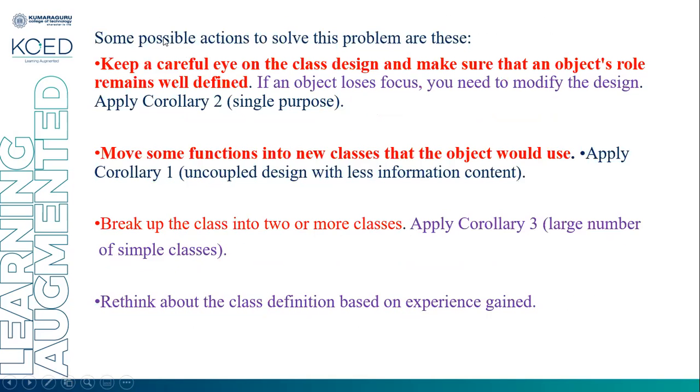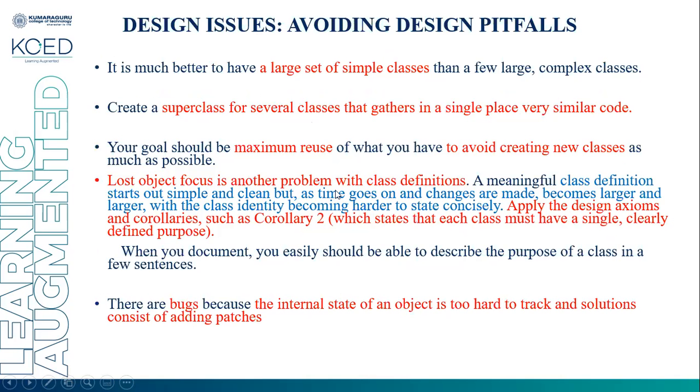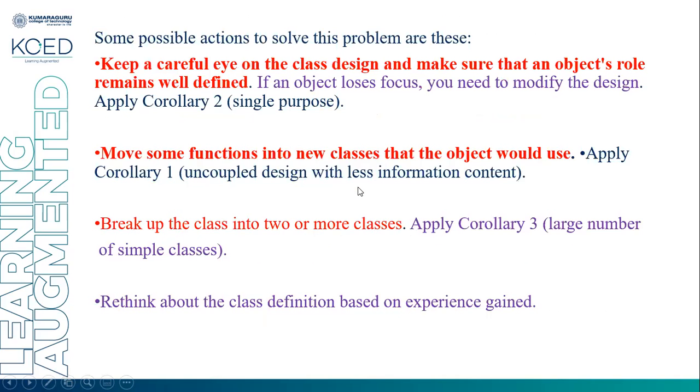Some possible actions to solve this problem are: keep a careful eye on the class design and make sure that an object's role remains well defined. If an object loses focus, you need to modify the design. Apply the corollary of single purpose: a class should contain a single purpose. When you keep adding more and more purposes to the class, the object can lose focus. It is no longer a simple one; it has become a complex one.